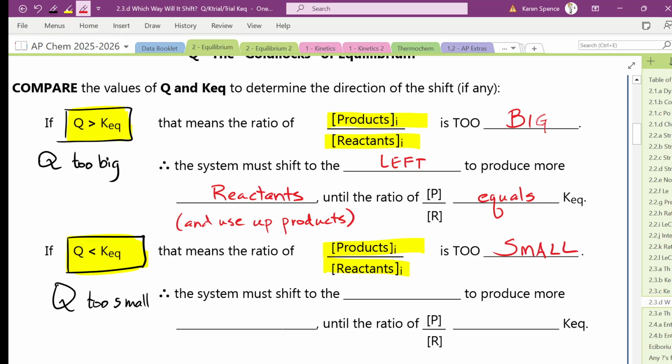And therefore, the system has to shift to the right to produce more products and use up reactants, until the ratio of products to reactants equals Keq.